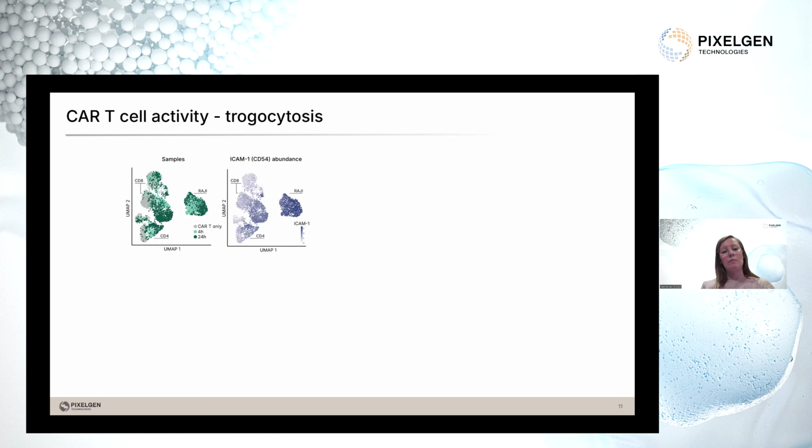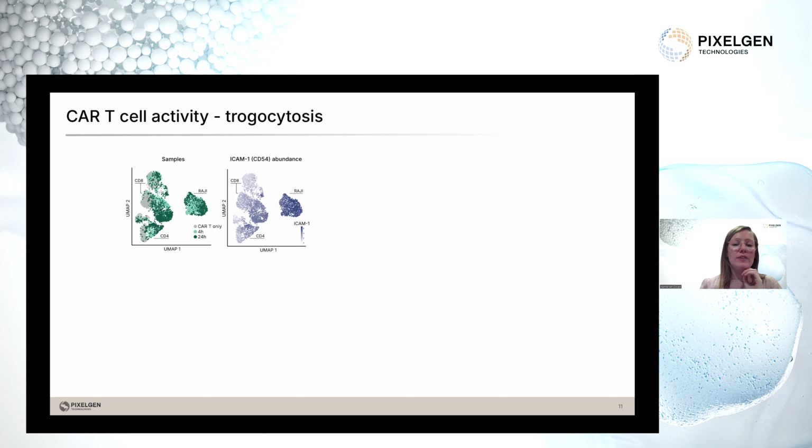Something that we noticed when we looked at the protein abundance was that we also had upregulation of ICAM1. So here to the left, you can see a UMAP displaying the individual cells from the different samples in different colors here. So if we focus a little bit on this dark green, which is the 24-hour co-culture cells, and we focus here on the CD8 cells, you can see that ICAM1 seemed to be quite upregulated on these T cells.